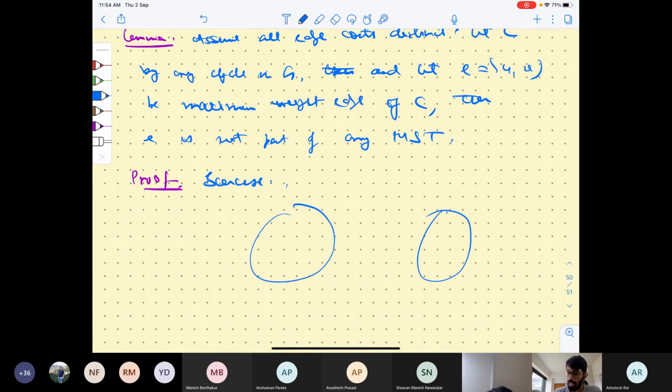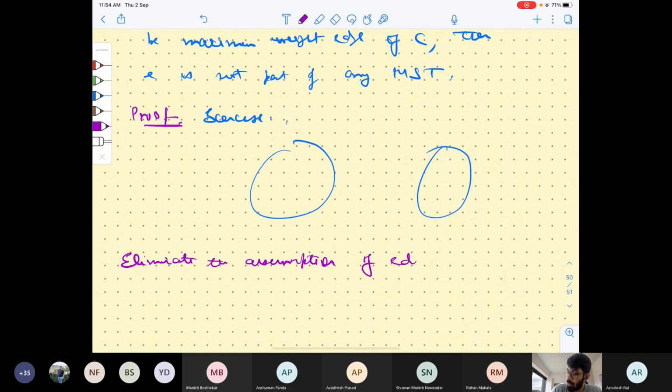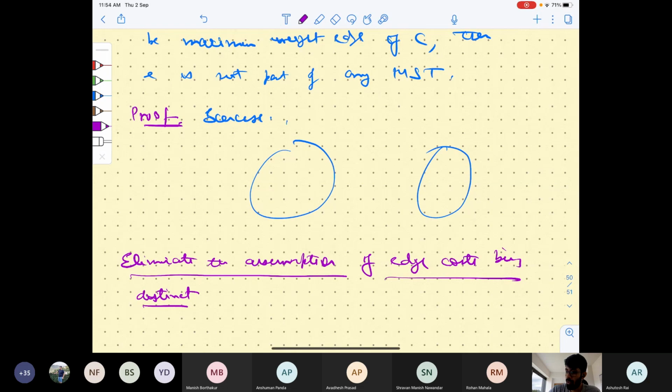Okay, good. Now there is just one small thing: how do we eliminate the assumption of edge costs being distinct? Any idea about that? Because we use that. So now suppose there are some edges which have the same cost, then how do we still find the minimum spanning tree?